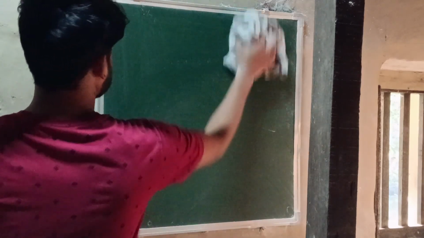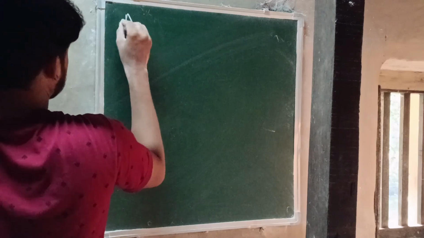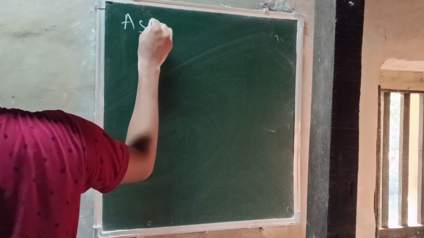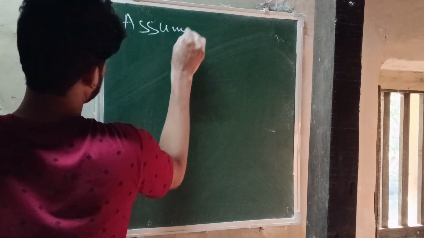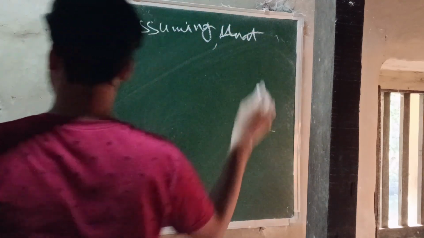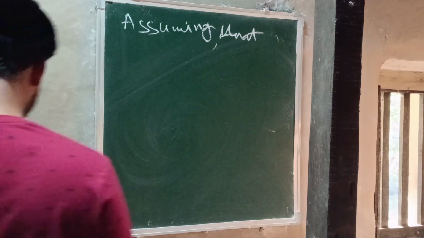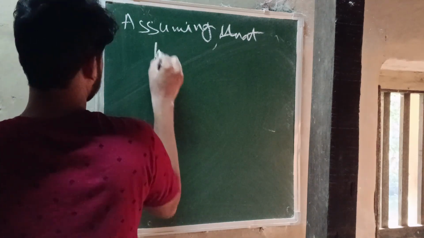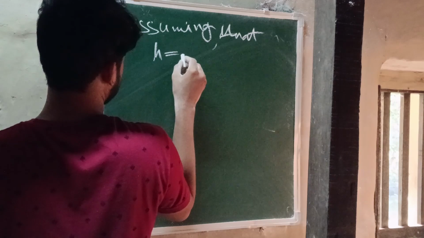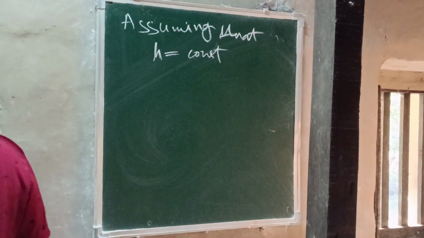Now we assume that the change in height is negligible, so h is constant here for Bernoulli's equation.